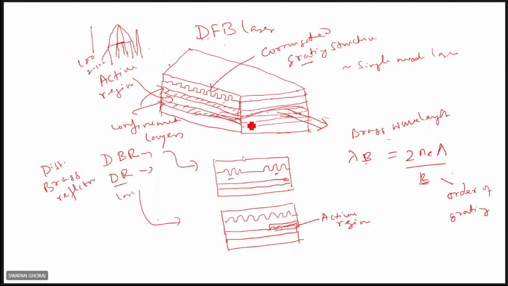See the differences among the structures. Here feedback is throughout the device, here feedback is only at the ends, and here feedback is throughout the device but the active region is limited, with the rest being passive regions. This is done to increase efficiency and high output capability.